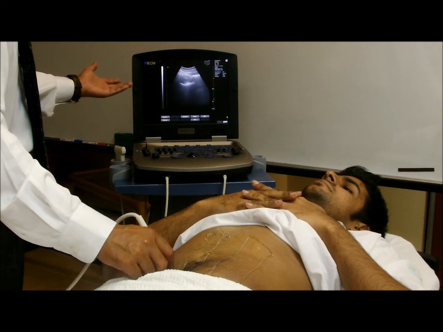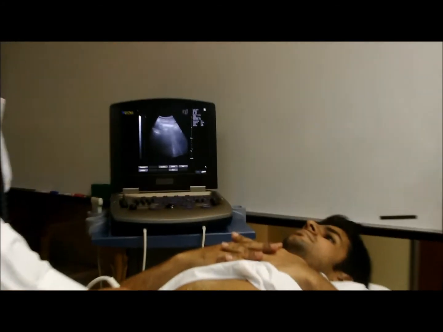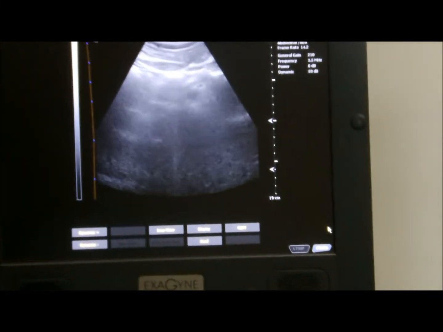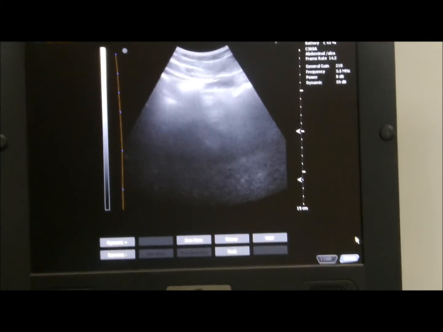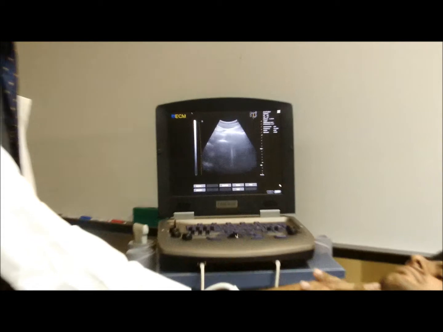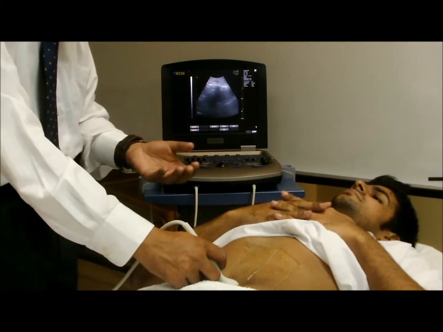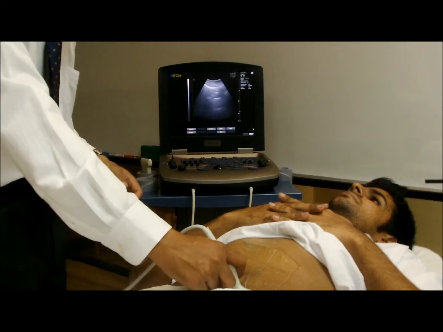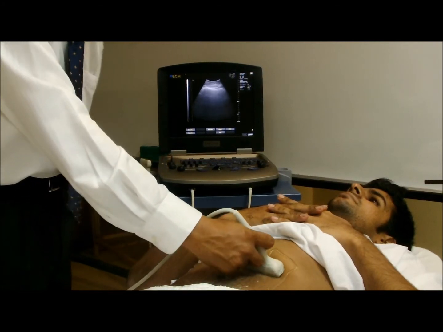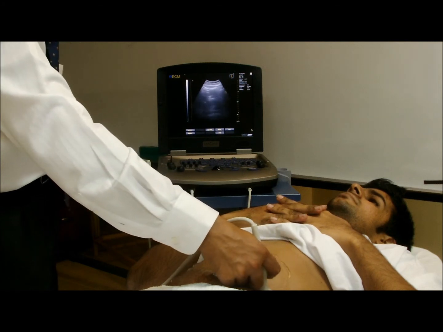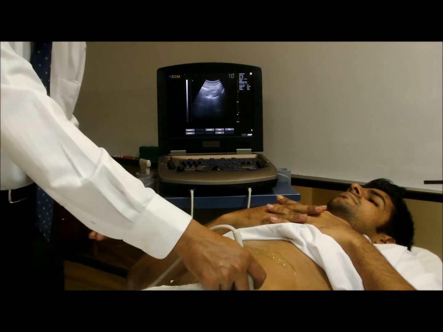It's just some air, some bright shadow along the way. Those are just bowels, but it's not obstructed. If it is obstructed, there will be dilated bowel seen with thickened wall, and you will see fluid-filled structure. You could also see that there is no peristalsis in paralysis, for example.